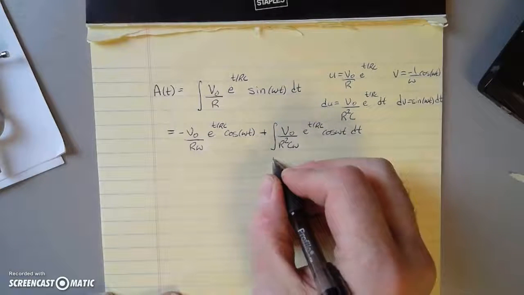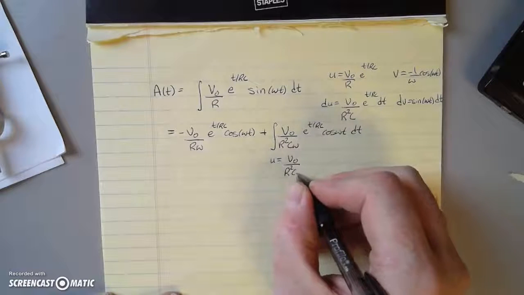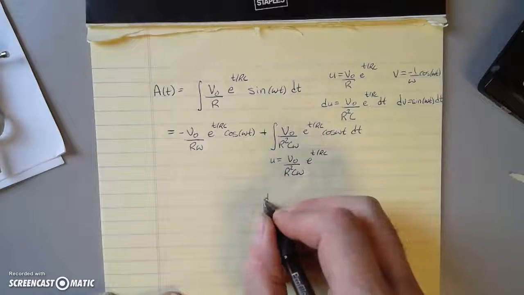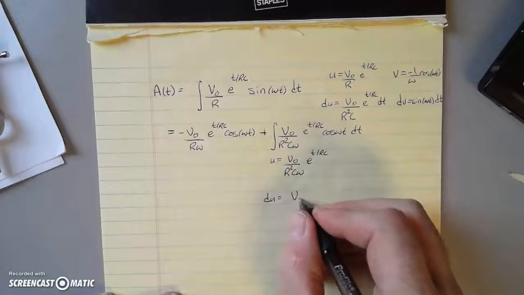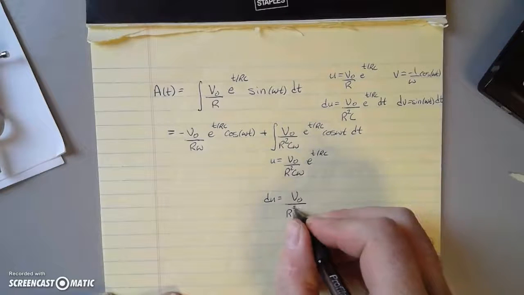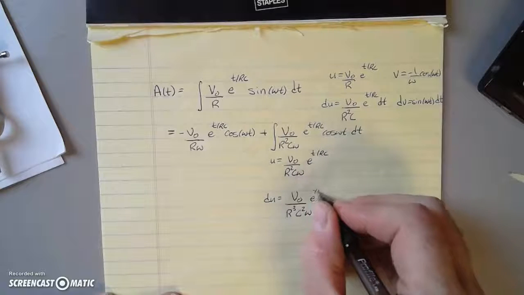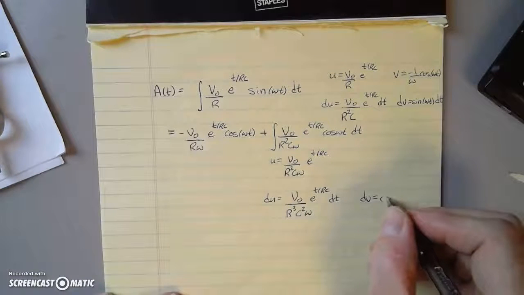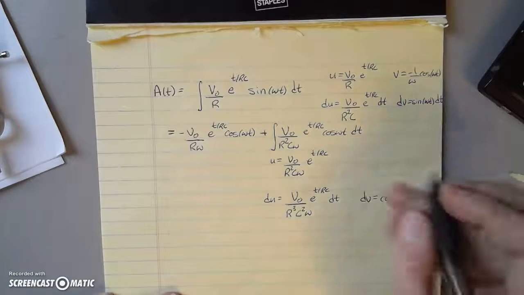And we just do the same thing again. I'll let u be v naught over R squared C omega e to the t over RC. Then du, we'll pick up another RC from the chain rule: v naught over R cubed C squared omega e to the t over RC dt. Our choice of dv will be cosine of omega t.